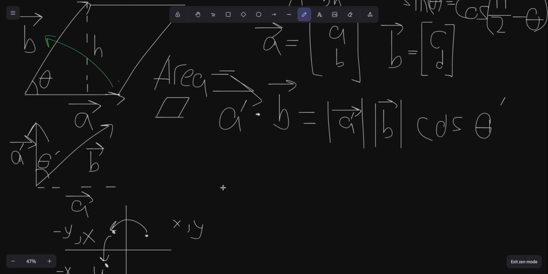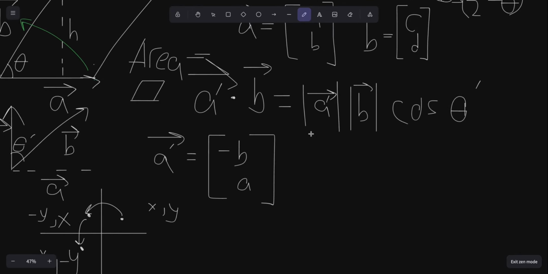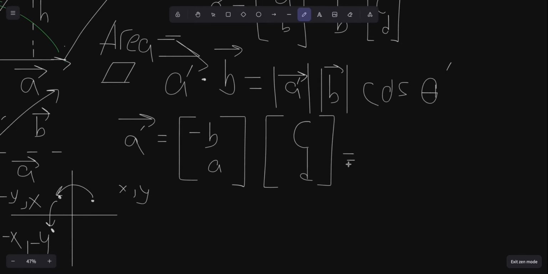So instead of a, b, vector A prime would just be equal to negative b, a, right? So you just swap the components and you negate the y one that was originally there. And so if I take the dot product between negative b, a and c, d, I'm just going to get a times d minus b times c, okay?